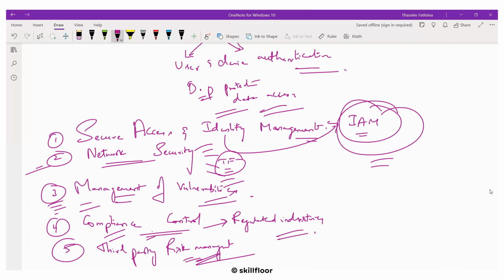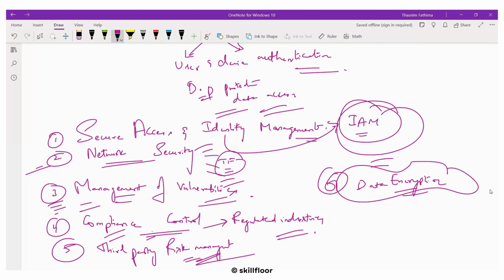We can even go with data encryption, which is very important. Data encryption is the process of protecting data and information by using mathematical models, in such a way that only particular parties will have the key to unscramble it. In cloud data encryption, plain text data is encoded into unreadable ciphertext in order to keep it secure within cloud environments.